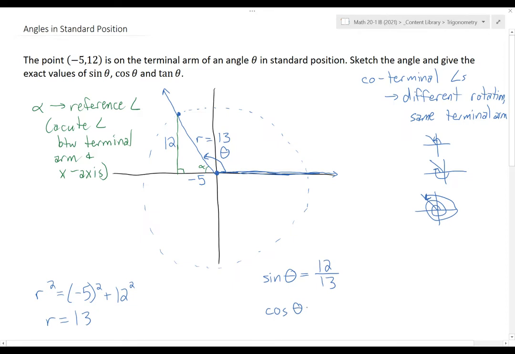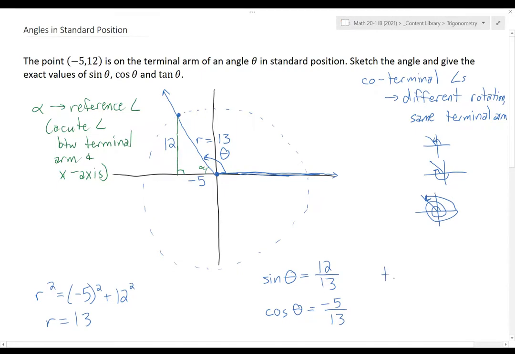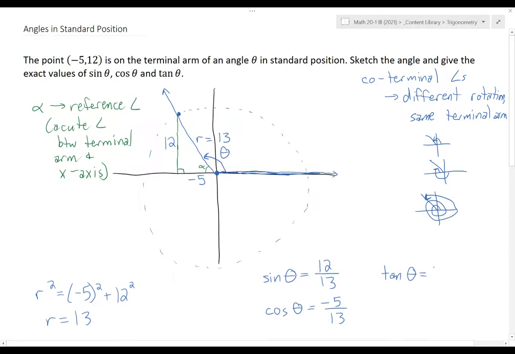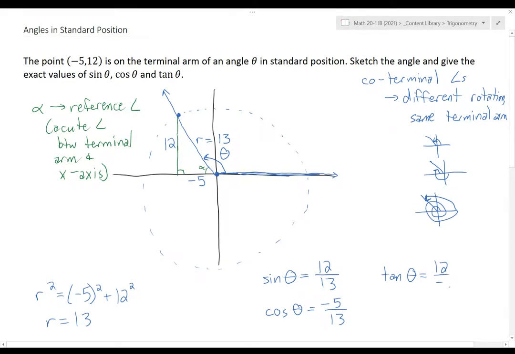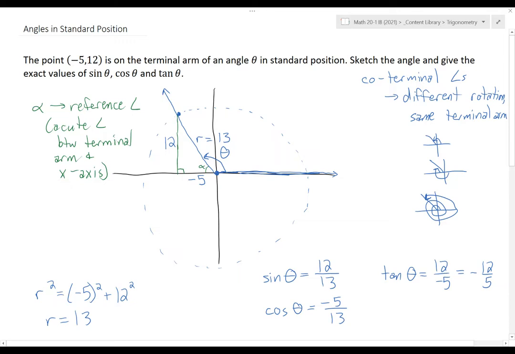The cosine of theta is going to be -5, because that is the adjacent side, divided by 13. And the tangent of theta is going to be 12 divided by -5. More likely, I'm going to write that as -12/5, but either one is acceptable.